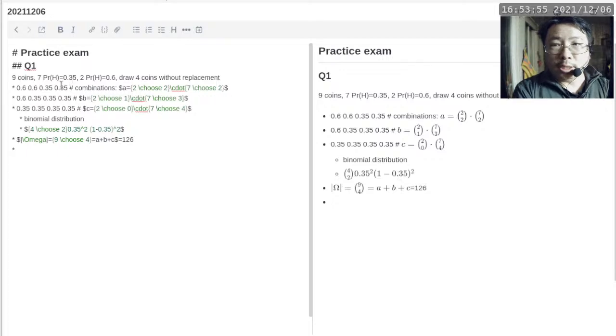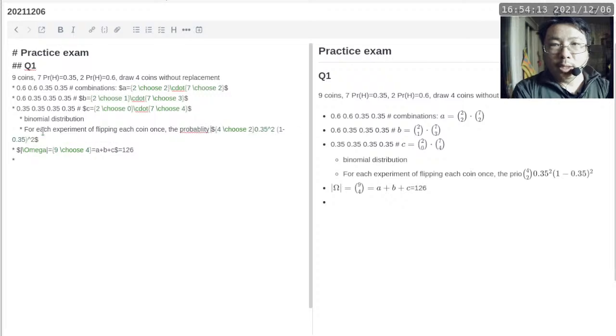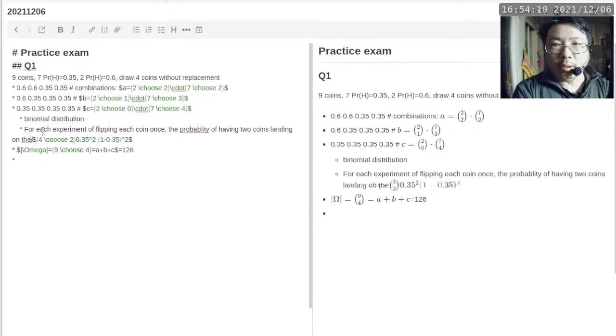So let me just make it very clear what this number is. For each experiment of flipping each coin once, the probability of having 2 coins landing on their heads is that.